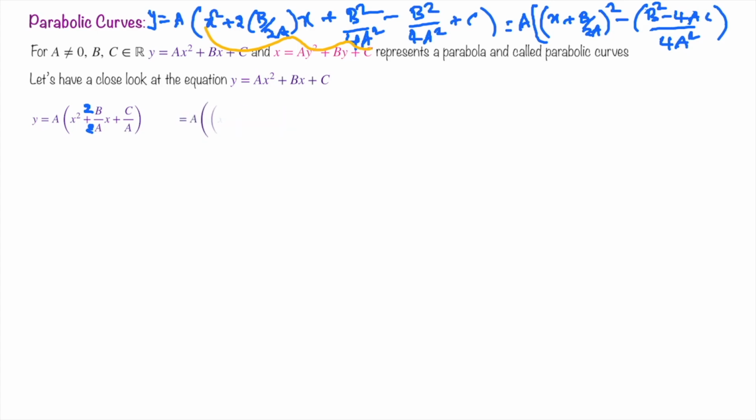So we have y equal to a times x plus b by 2a whole square minus b square minus 4ac by 4a square, as it is the same thing.